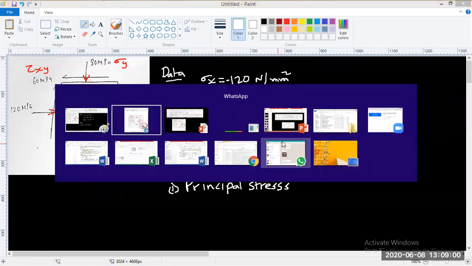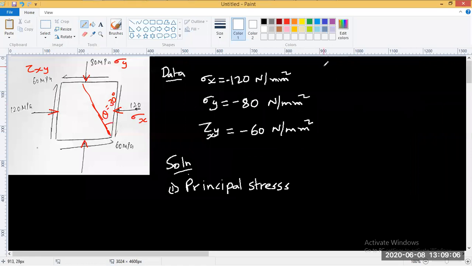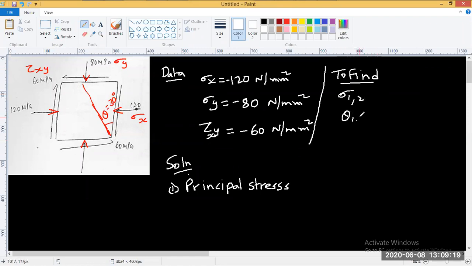So note, if he has asked the direction. Oh yeah, directions also asked. So if you want, you can write what all things you need to find also. So let's say to find, we need to find sigma 1 and 2, that is the principal stresses. Theta 1 and 2, these are the directions.